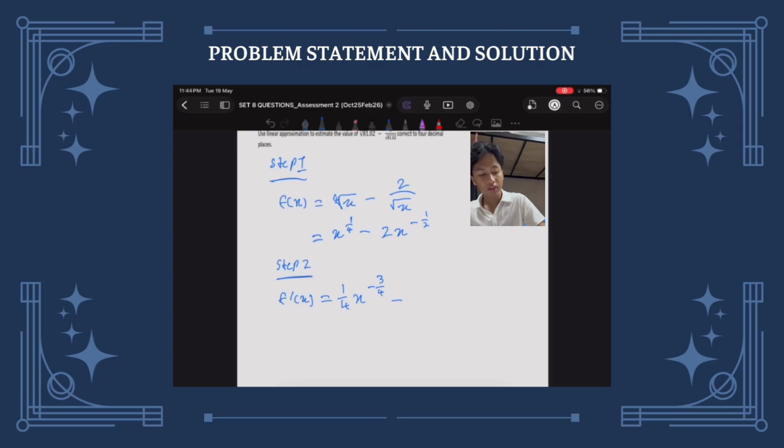When we differentiate negative 1 over 2 and multiply by 2, we get negative 1, so here we get plus x to the power of negative 1 over 2 minus 1, negative 3 over 2.